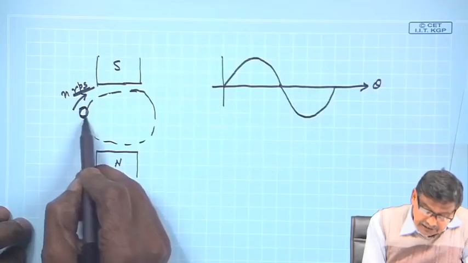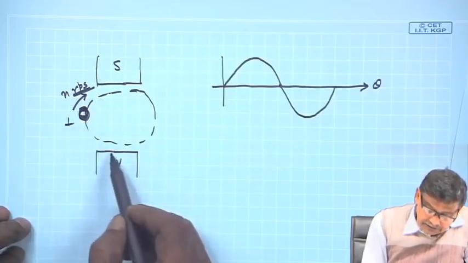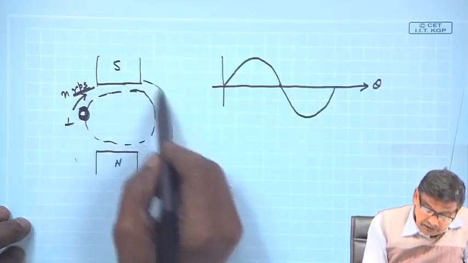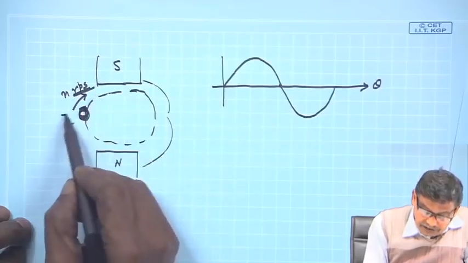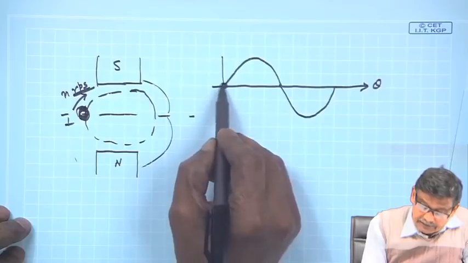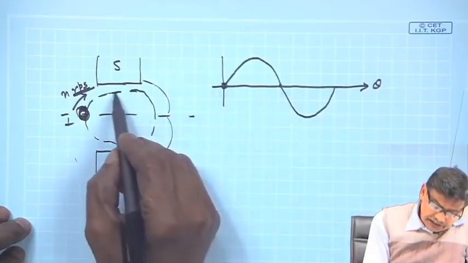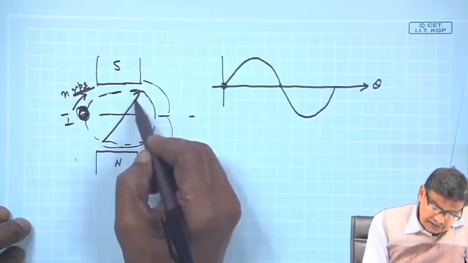In this particular case, it looks like when the conductor is in this position, one half is north pole, another half is south pole. So, the south pole zone begins from here, from this horizontal position. So, suppose the conductor was here, and suppose the diameter of the rotor is d.